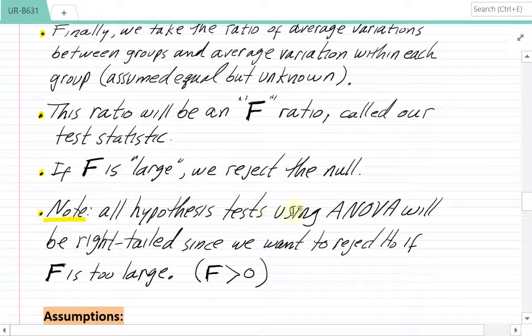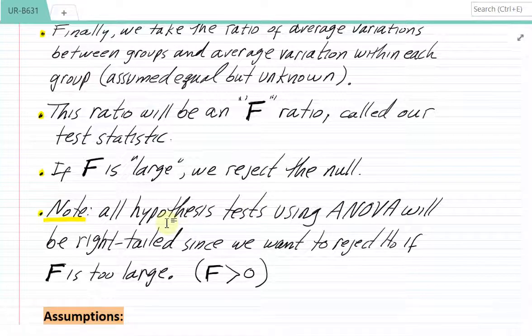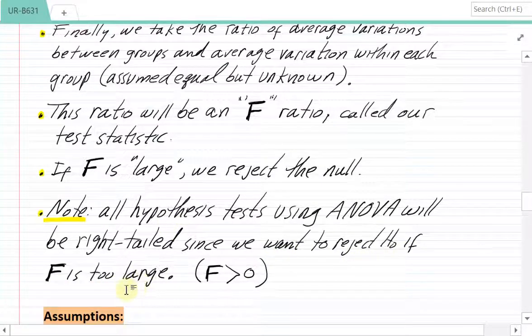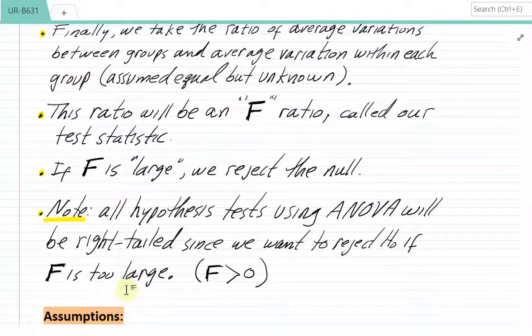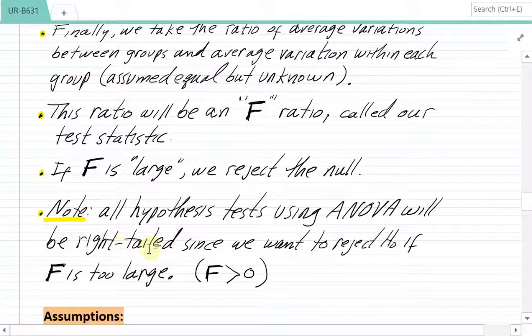Just a note here: all your ANOVAs are going to be right tail. We don't have two-tail ANOVAs or left-tail ANOVAs, because we want to reject the null if F is large. We want clear separation between the means. For that reason, all ANOVAs are right tail.